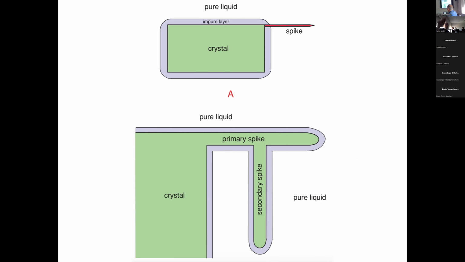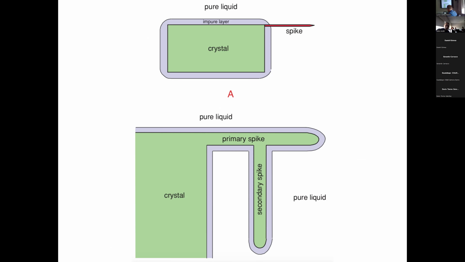Your plagioclase, as an example, will struggle to grow as before. So what it is going to do is make a spike to take the nutrients far from this boundary layer, where the melt is enriched in aluminum, calcium, sodium, and so on.